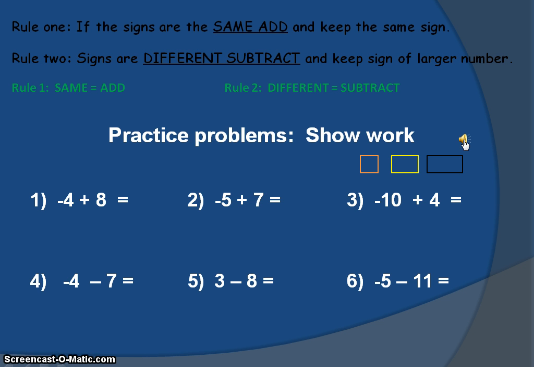As you go through these, make sure you're boxing them up and saying to yourself, same signs add, different signs subtract. We'll give you about 30 more seconds to work through these.